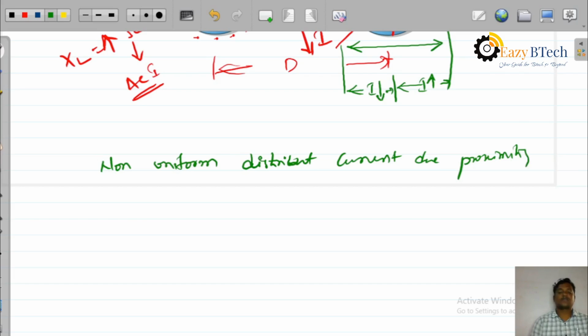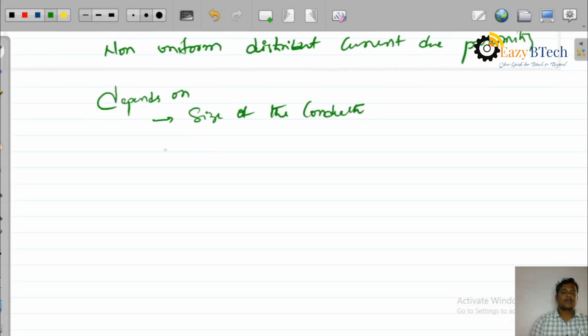The proximity effect depends on the size of the conductor. If the conductor size is more, obviously the effect is more. Next, the frequency of supply.